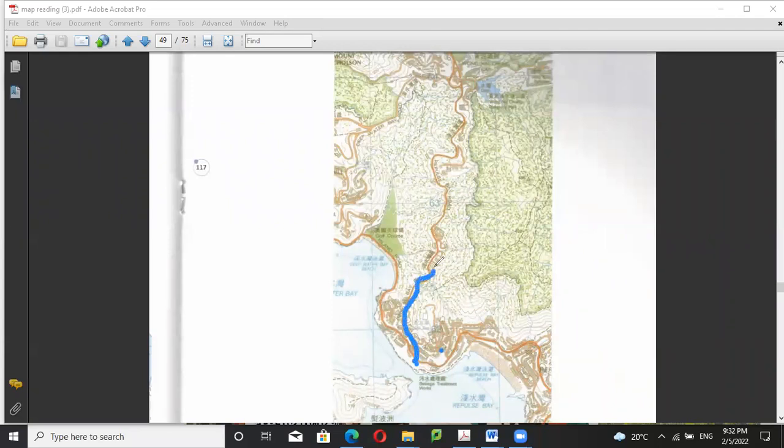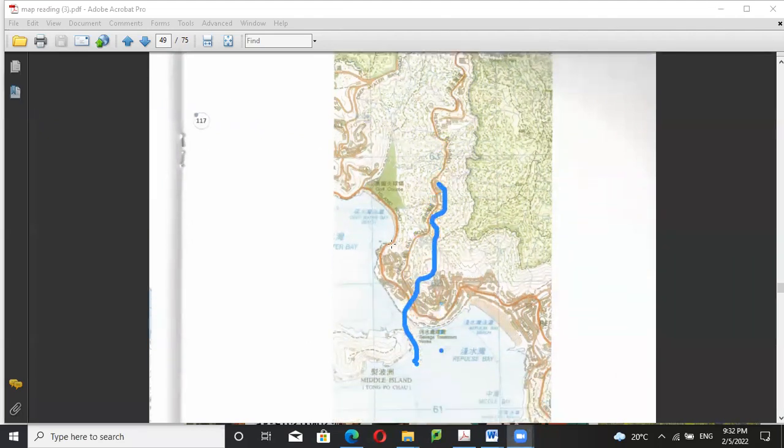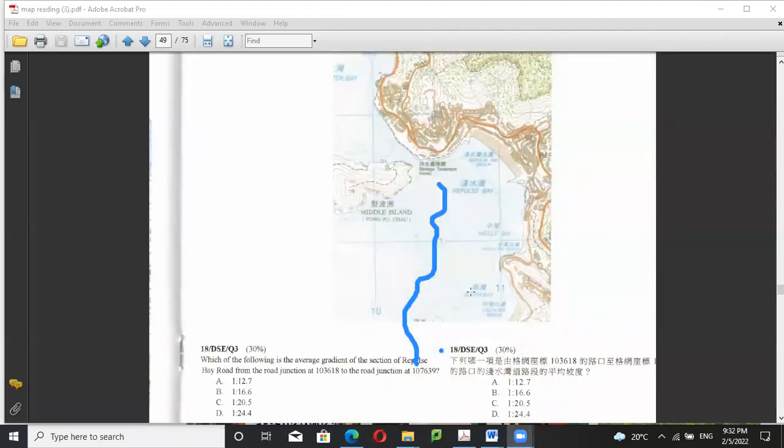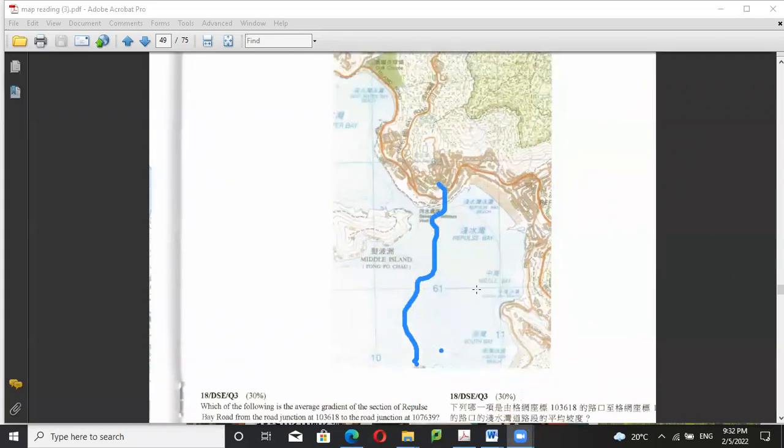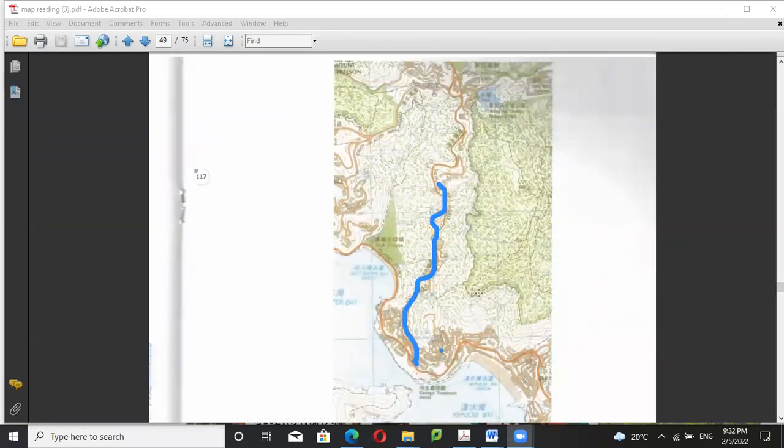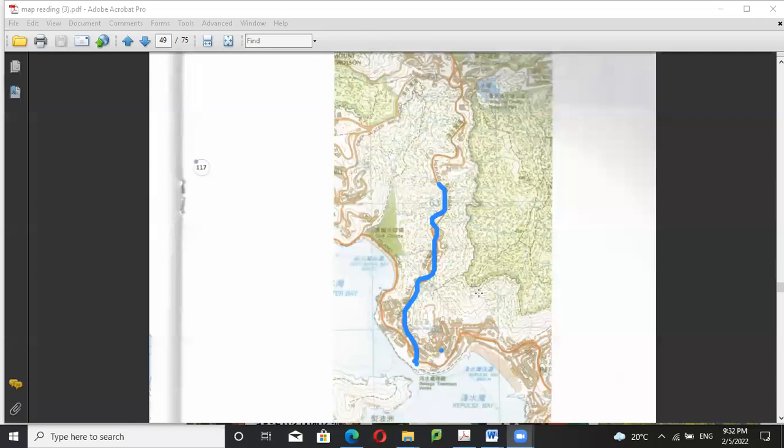Quite a long one. 107.639 is quite a long one.